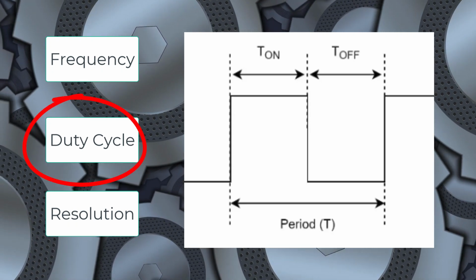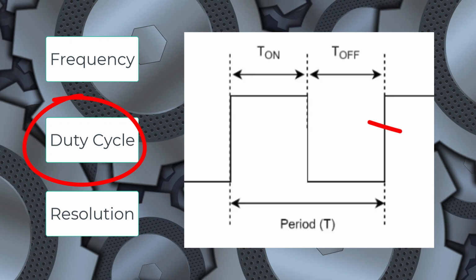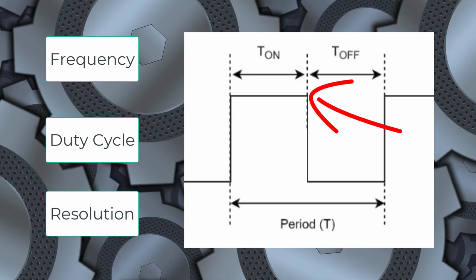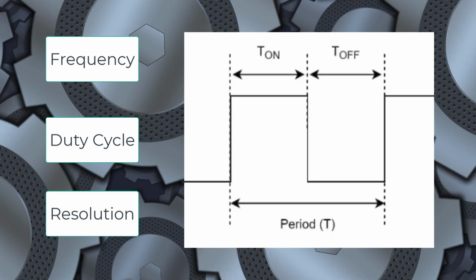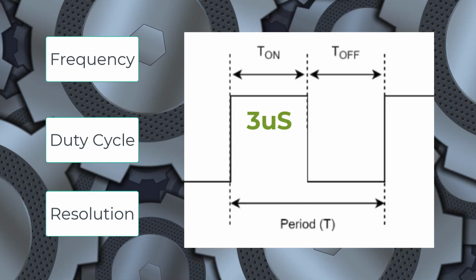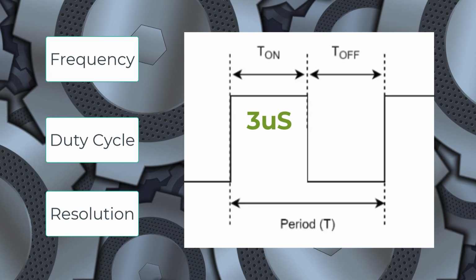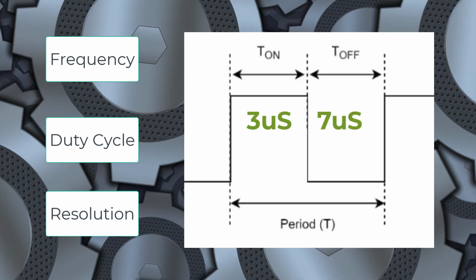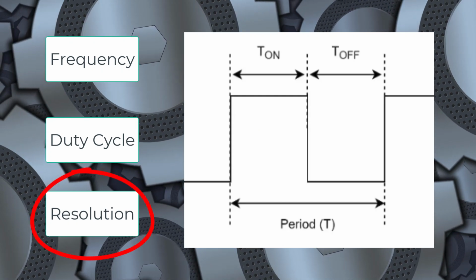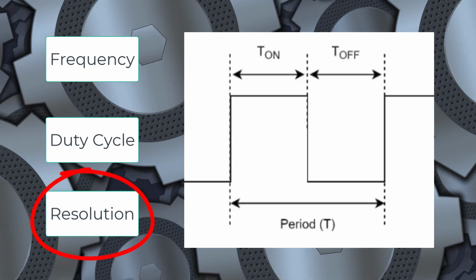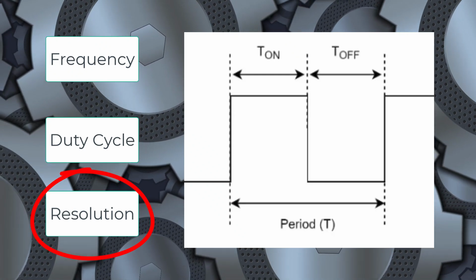And the duty cycle, that is the proportion between the T on and the T off. So if the duty cycle is 30%, for instance, then the T on is on for 3 microseconds and off for 7 microseconds. And then the resolution, that is how many steps or how accurately you can actually set the 30%.